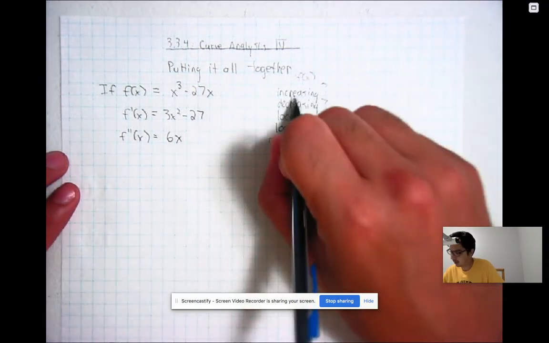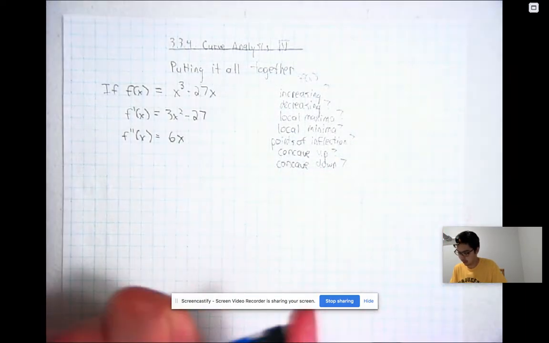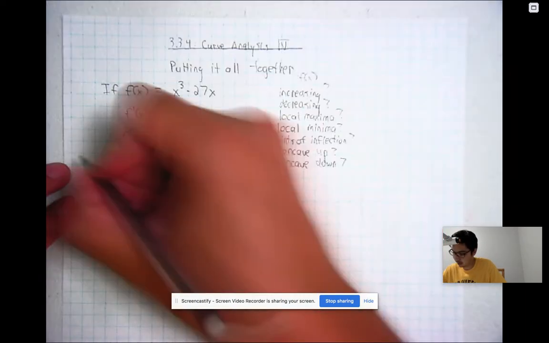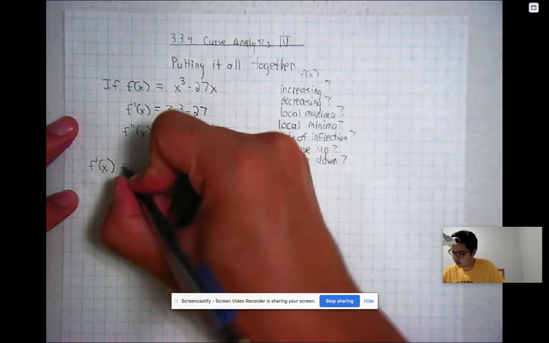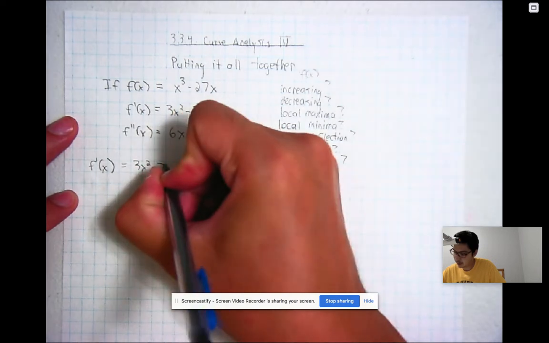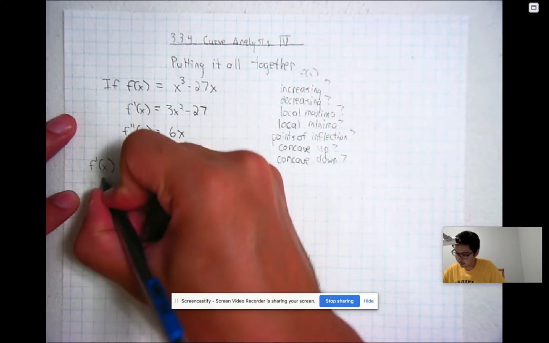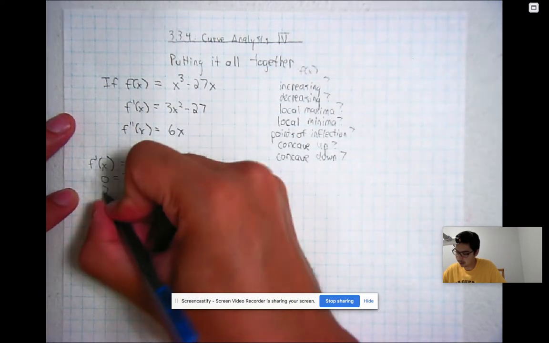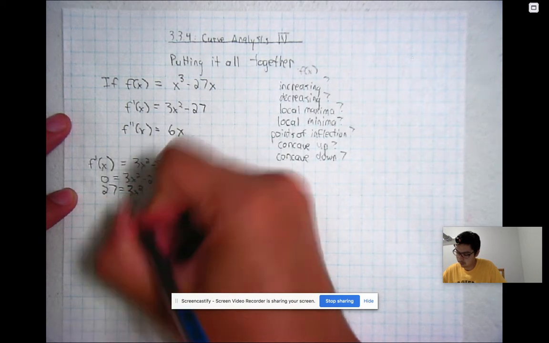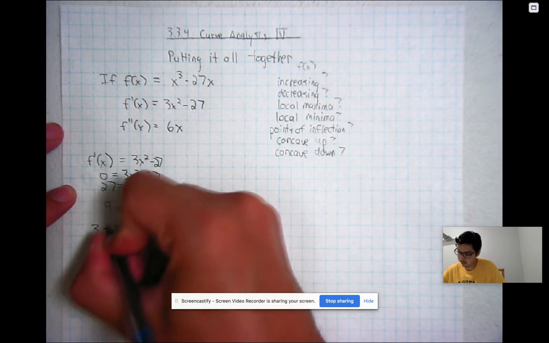So when is f of x increasing? f(x) is increasing when f prime of x is positive. So we look at f prime of x, which is equal to 3x^2 - 27, and we want to look at when it is positive and negative. Let's find the zeros of it. If you add 27 over, you get x^2 = 9, so the zeros are 3 and negative 3.